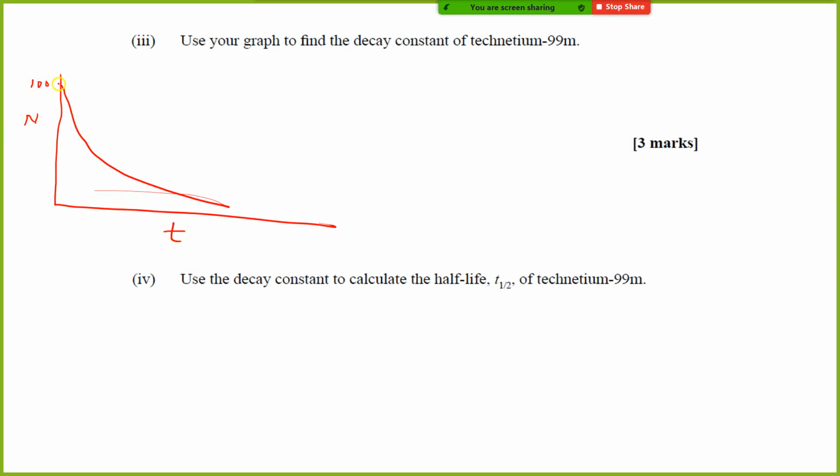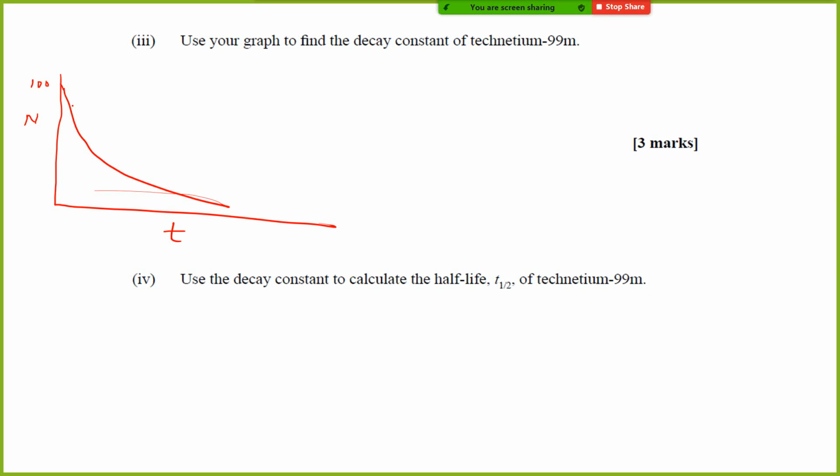Half life is simply the time taken for the known sample to reduce to half. So you start out with 100. What's the time it will take to reduce to 50? That time will be the half life.